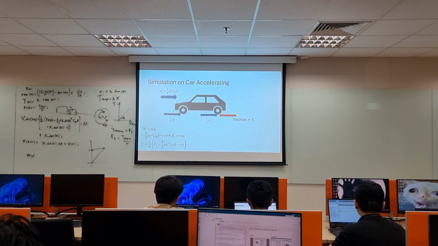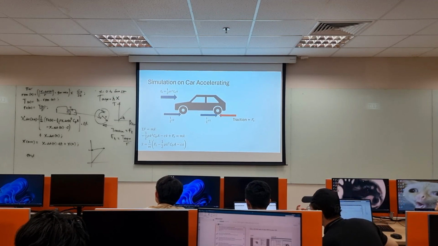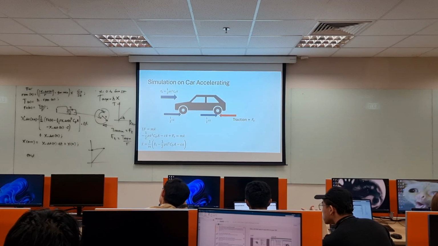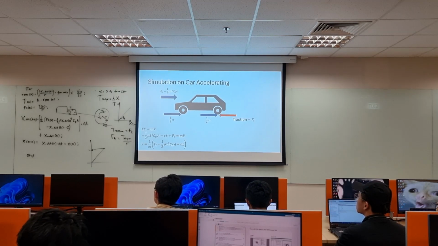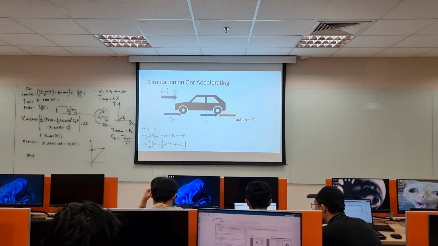Also, this one you use X, the initial condition, number 1. No, that's correct. So the initial value of RPM depends on the initial velocity of your car. You get what I mean? Which is this one. Now can you run it?